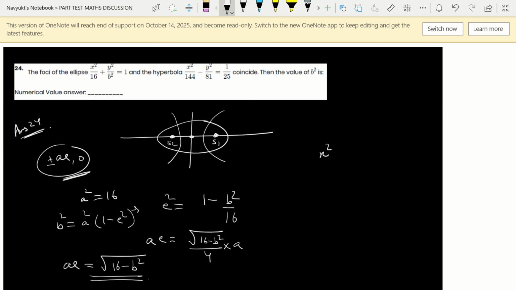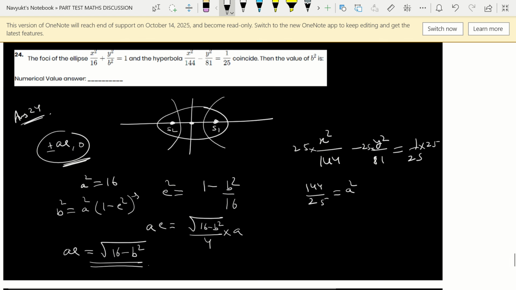Okay, this equation is given in this format. So you multiply by 25 on both sides. Clear? And get this 25 down. So that will be a square by 25 for this, and b square 81 by 25.